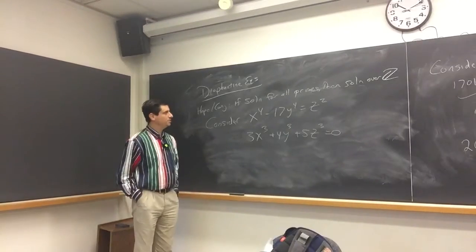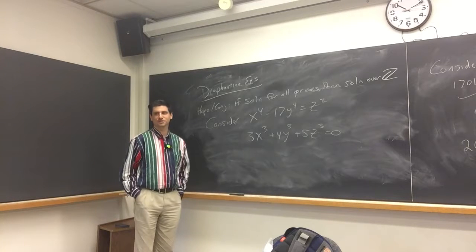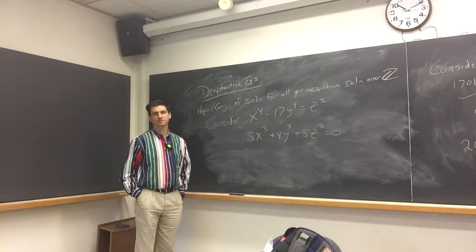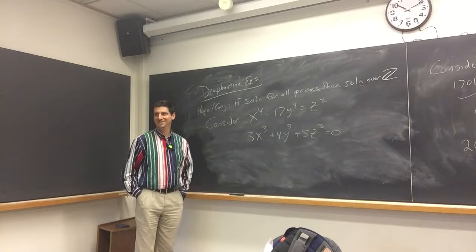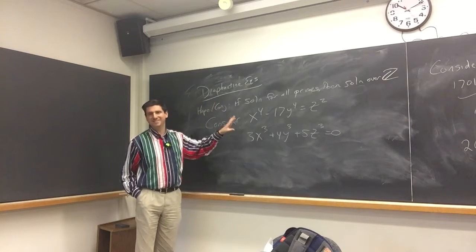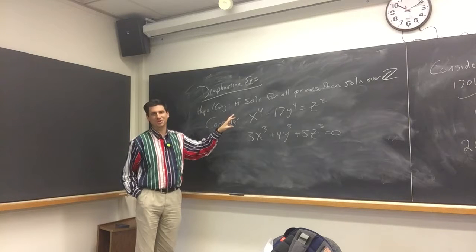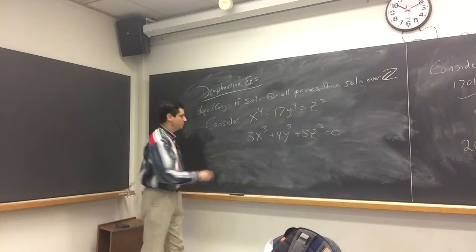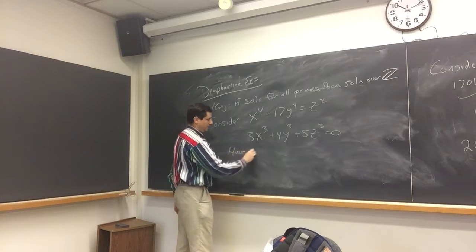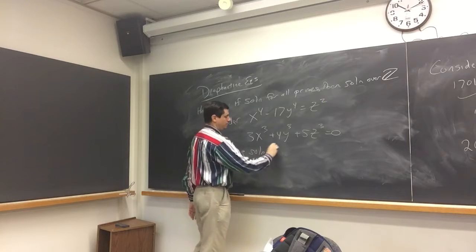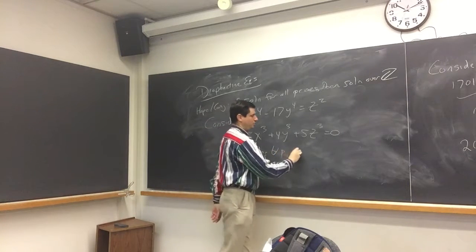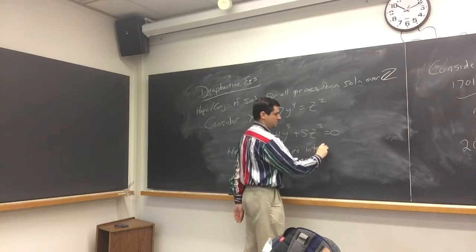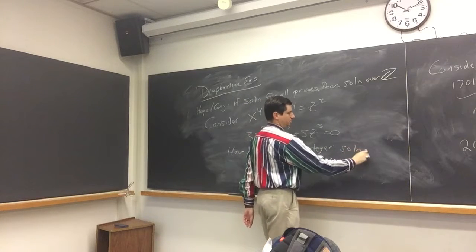What do you think is probably true about each of these equations? Yes? They probably don't have solutions over the integers. They don't have solutions over the integers, and given that I'm writing them on the board right now, yeah, they have solutions for all primes, but no integer solutions.